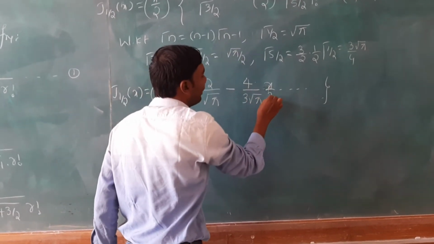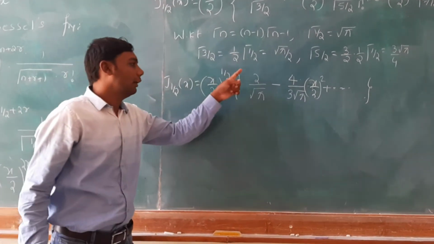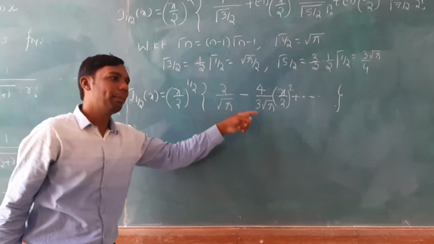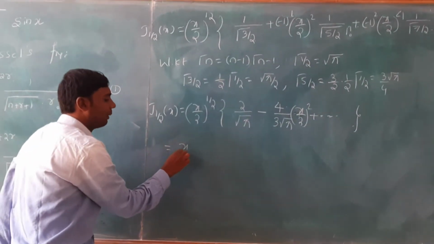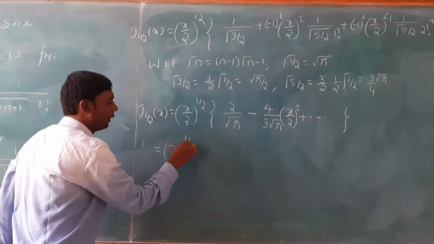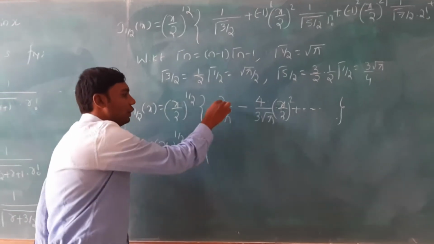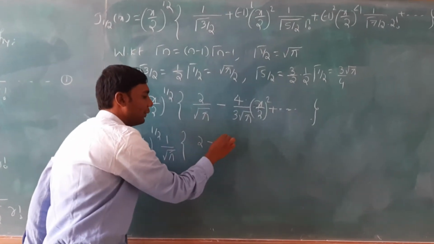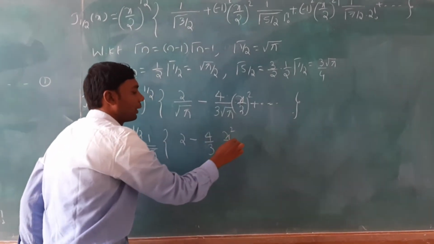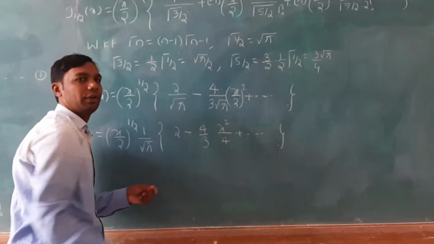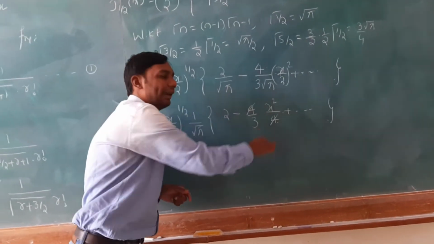In the series, 1 by root pi is common, so we get x by 2 raised to 1 by 2 into 1 divided by root pi into the remaining, which is 2 minus 4 by 3 into x square divided by 4, plus so on. Here the 4 cancels.